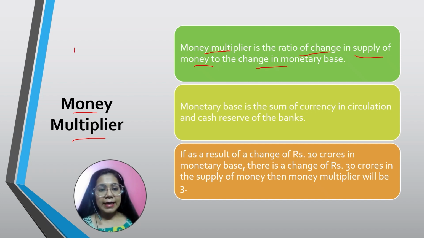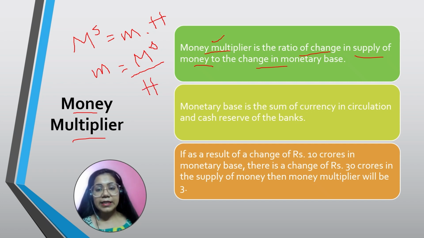If you remember, I had taught that MS, the money supply, is equal to the money multiplier, denoted by small m, times the high powered money or the monetary base, which is H. So from here we can write the money multiplier m is equal to the ratio of money supply MS upon H. And that is what we are saying here, that the money multiplier is the ratio of change in the supply of money to the change in the monetary base.